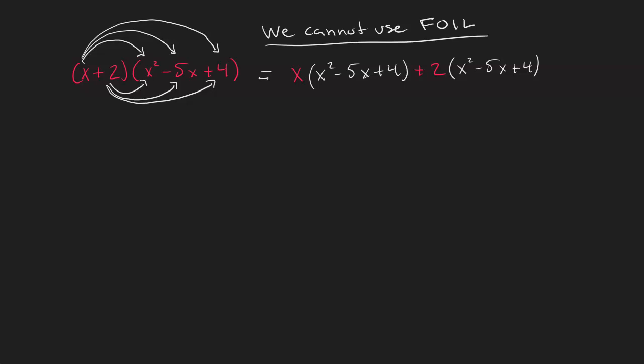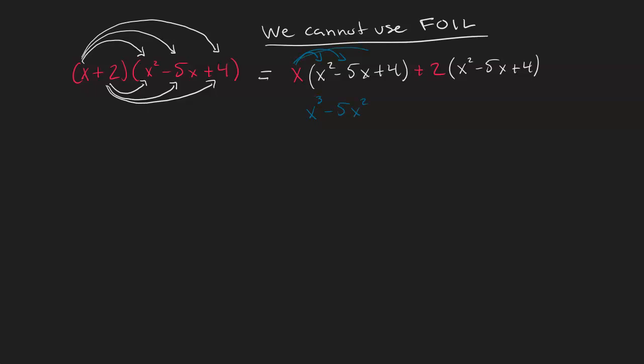Okay, so let's go ahead and solve this. So I have x, let me use a different color actually, let's go with blue. I have x times x squared, that becomes x cubed. I have x times negative 5x, that becomes negative 5x squared.